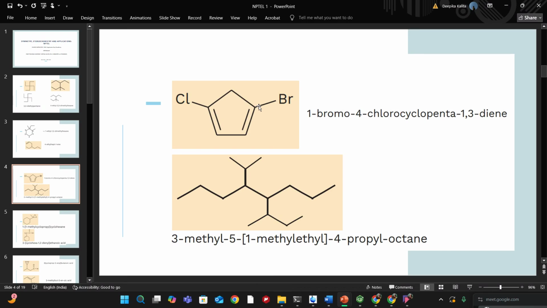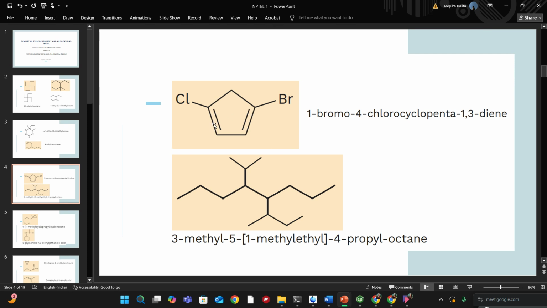In the above question, in the previous slide, I think there are a lot of compounds. In this compound, since we are going by alphabetical order, bromo will come first, and the multiple bond will be assigned higher priority.